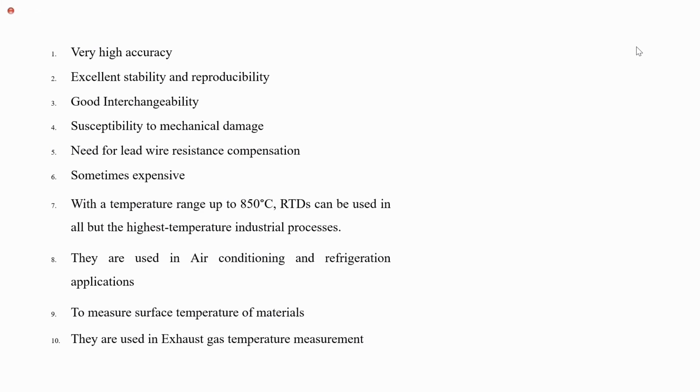RTDs can be used in all but the highest temperature industrial processes, that is 850 degrees Celsius. They are used in air conditioning and refrigeration applications, to measure surface temperature of materials, and in exhaust gas temperature measurement. These are a few points about the RTD.